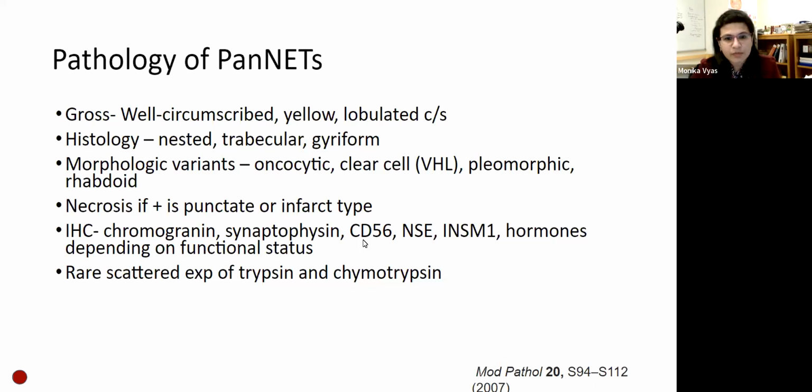Immunohistochemistry wise, they are positive for neuroendocrine markers such as synaptophysin, chromogranin, and CD56. INSM1 is a newly described marker, which is quite specific. If these are associated with hormone secretions, you can have expression of that hormone demonstrated by immunohistochemistry as well.